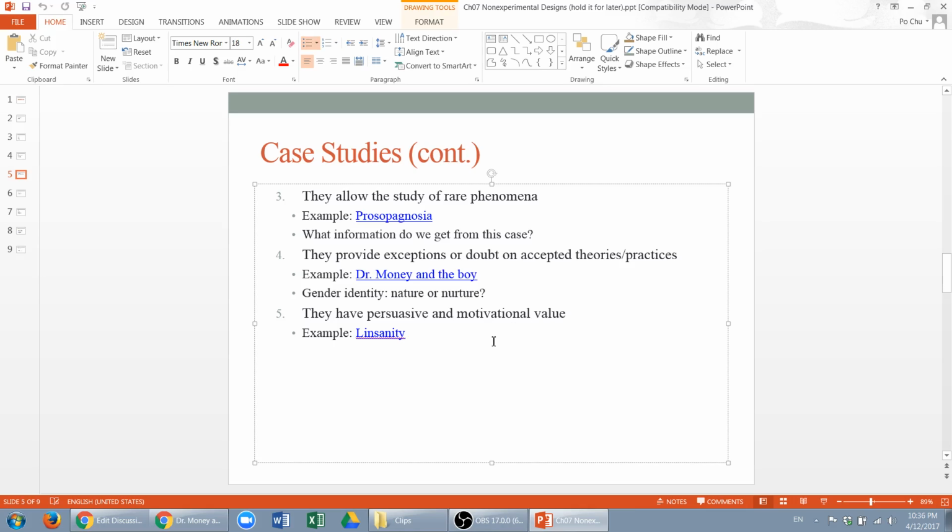Okay. So finally, they have a persuasive and motivational value, like a very inspiring story. Some of you probably know if you are a basketball fan like me. I follow NCAA and NBA, and this is the Asian player Jeremy Lin.